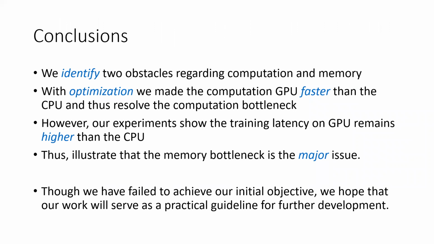Thus, illustrating that the memory bottleneck is a very big issue that needs to be dealt with. Though we have failed to accelerate the full training on GPU over CPU, our research findings could provide practical guidelines for further development of on-device training and better utilization of heterogeneous mobile processors with the CPU and GPU in the near future.